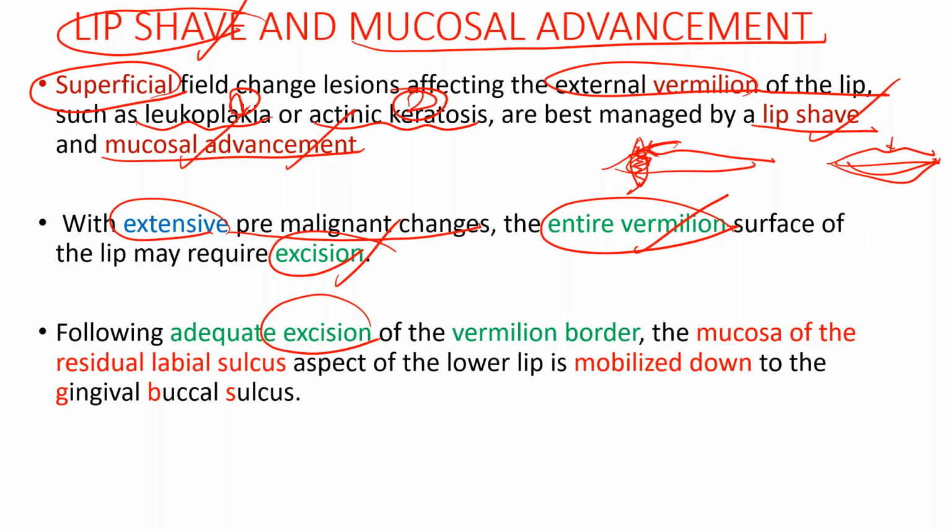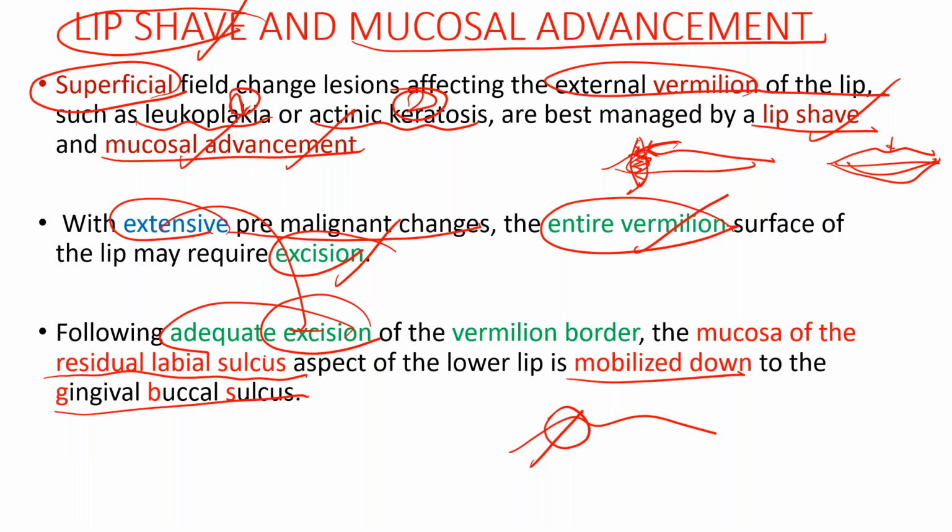After adequate excision of the vermilion border, the mucosa of the residual labial sulcus is mobilized down to the gingivobuccal sulcus. So whatever is there at the vermilion border, you have to remove completely. For a larger, extensive lesion, you have to go for adequate excision, and then the residual labial sulcus aspect of the lip is mobilized down.